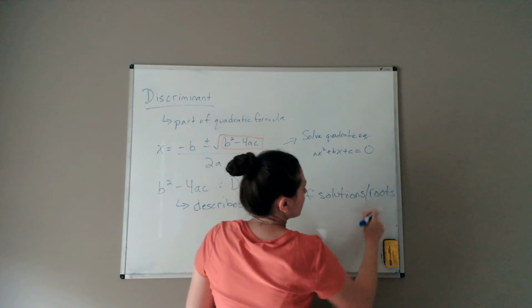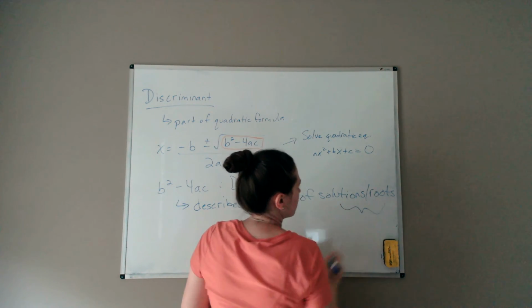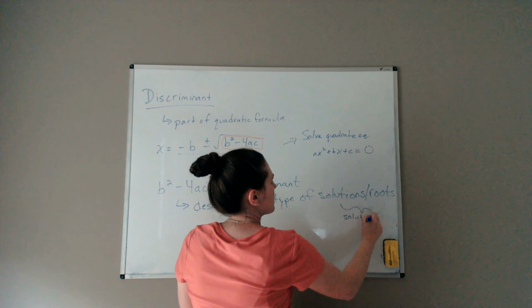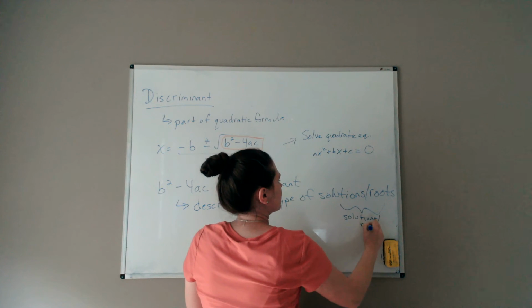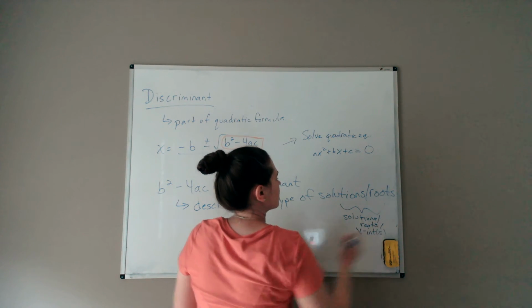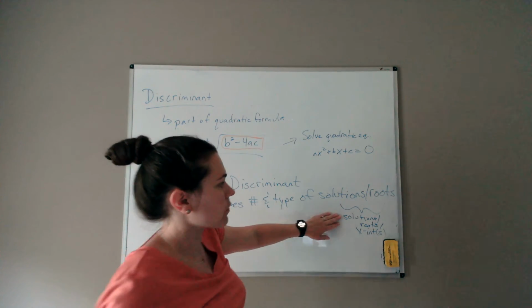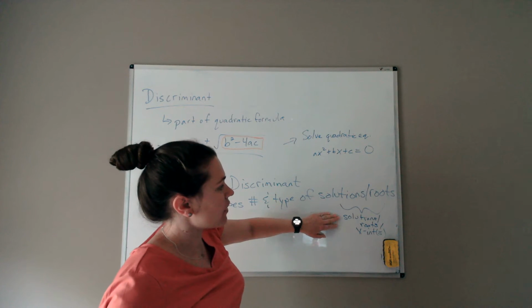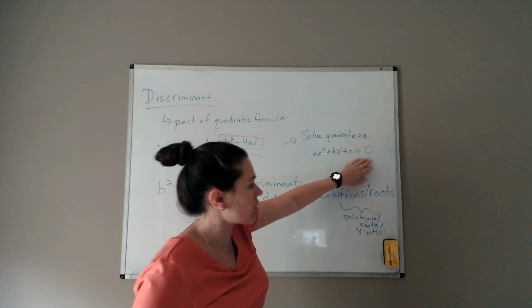But just to talk about this now, when you're talking about solutions, roots, x-intercepts, they all have something to do with each other. Solutions are when you solve and you have it set equal to 0. The solutions are the values of x that make the left equal 0.